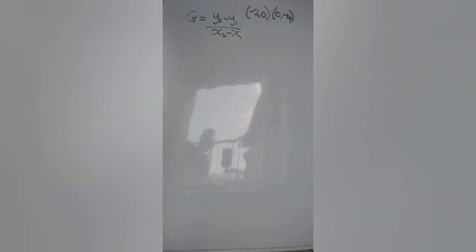Of these points here, this is x1 and y1, x2 and y2. y2 is 4 minus y1 is 0, all over x2 is 0 minus x1 is -2. 4 minus 0 is 4. 0 minus -2, this minus turns to plus.